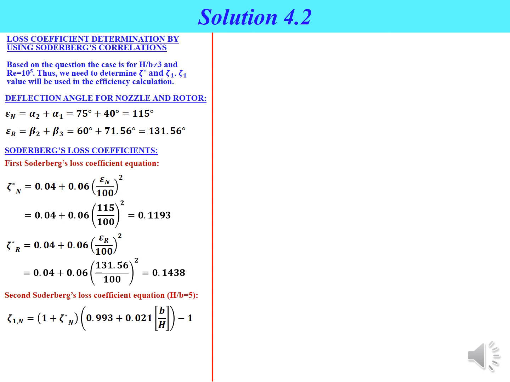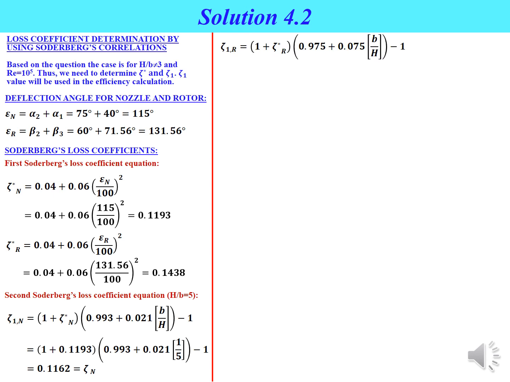In the nozzle, we use the formula for zeta 1n, substituting the value of zeta n star and also the b over h value into the equation. So we get the loss coefficient for the nozzle after the correction, where the value of zeta n that we need to substitute into the efficiency equation is equal to 0.1162.